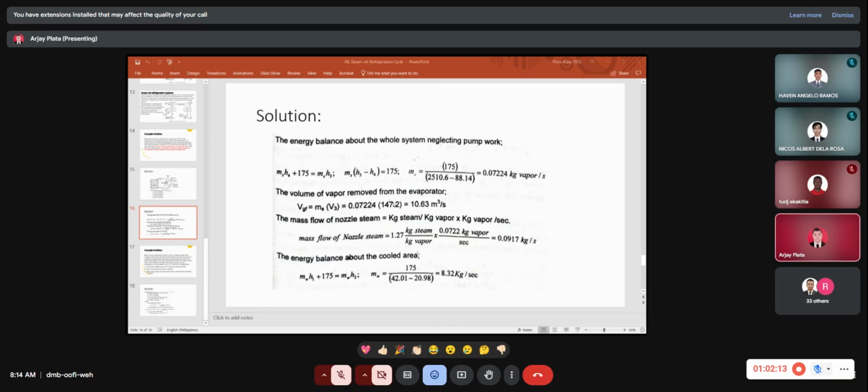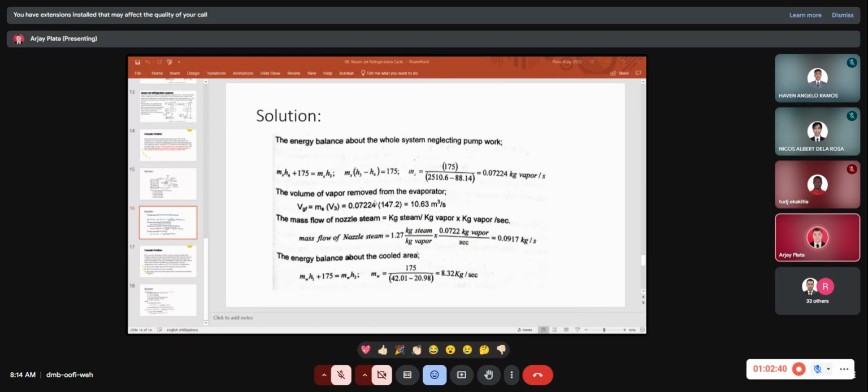Specific volume ng water at paki-double check ng specific volume ng water sa table. Meron ba kayong table ng water? Paki-double check nga nung value na 'to kung tama.